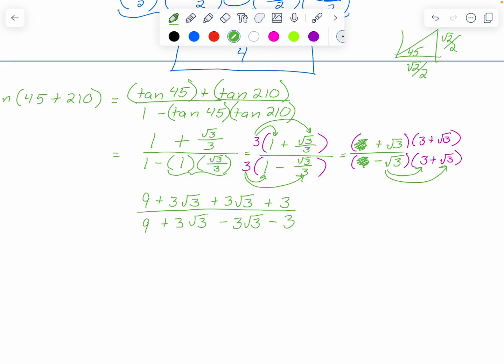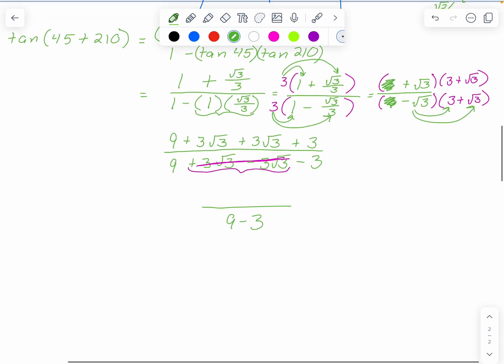Now, like we said on the bottom, these middle terms are going to cancel because they are identical except for the sign, so those are gone, which means the bottom of that fraction just becomes 9 minus 3, which would just be 6, but we'll come back to that. On the top, those middle terms do not cancel, they combine.